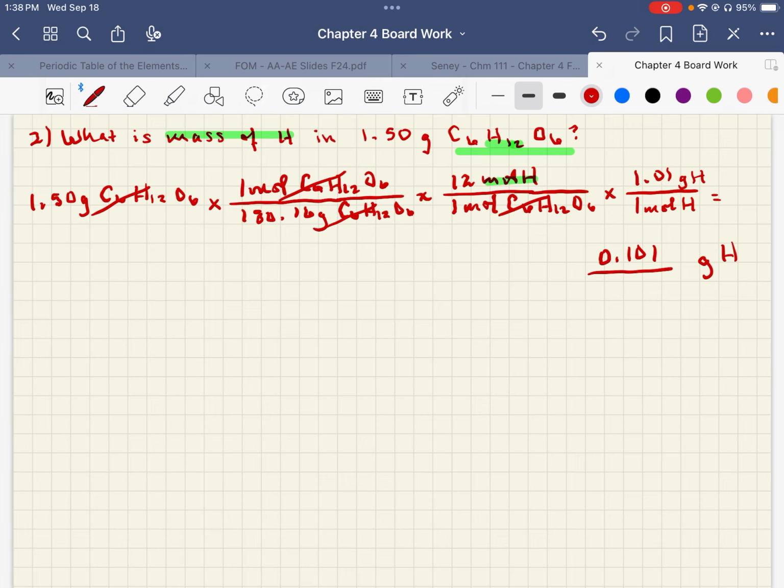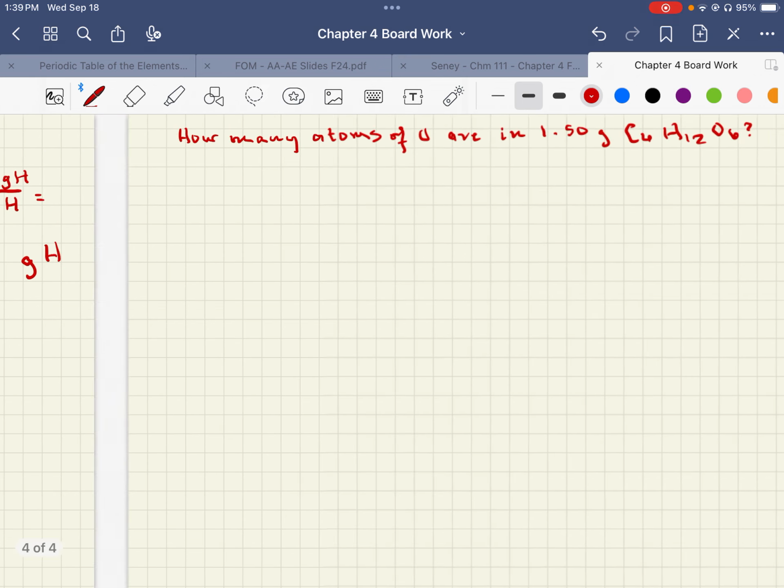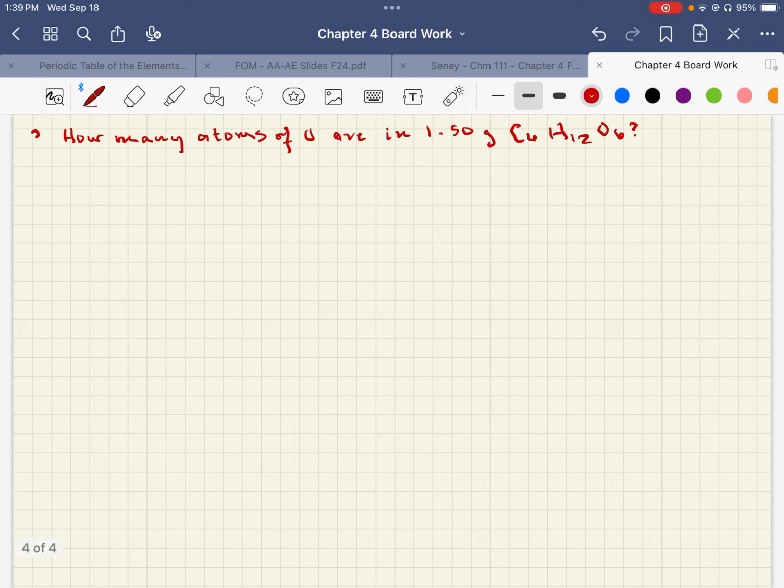Now, I want you to go to the next problem and attempt it. So pause the video and try this problem. And notice it wants to know how many atoms, and this is oxygen, how many atoms of oxygen are in 1.5 grams. So notice it doesn't ask us to stop there. It's asking us to go all the way to atoms.